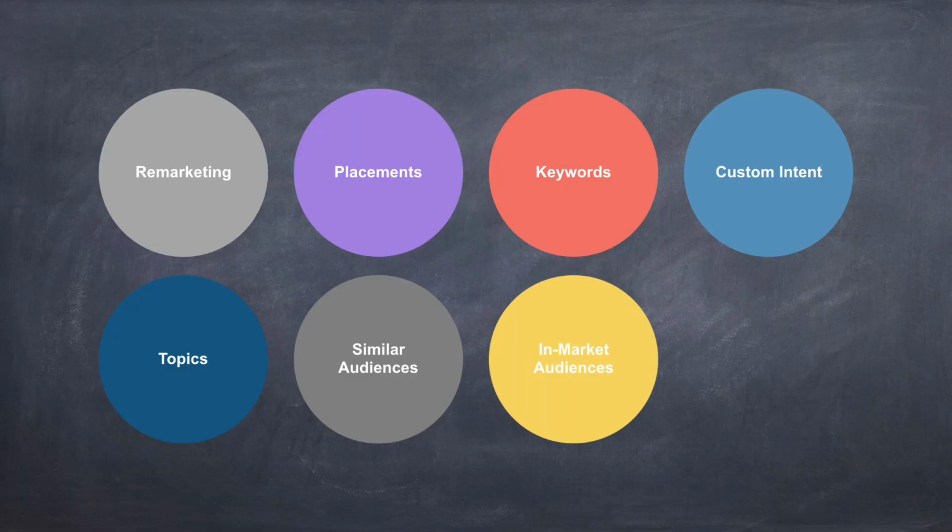Then we start to move into in-market audiences. This is where in the last 7 to 14 days, if you have recently changed your behavior on Google and you start to look at new things, Google are tracking that, and they're realizing something's happening in your world that is different to usual. So for example, if I'm about to go on holiday, the chances are I start to look at car rentals, hotels, flights, all that type of thing.